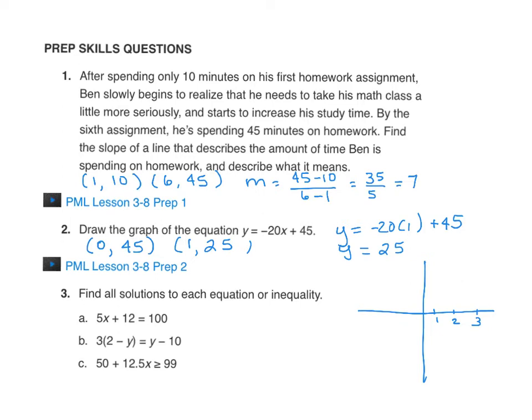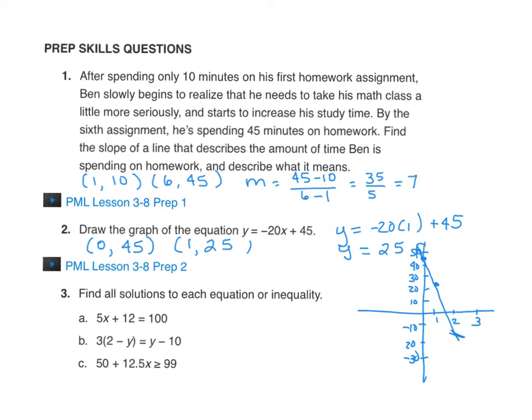And let's go up by 10, 20, 30, 40, 50, negative 10, negative 20, negative 30. Probably didn't need those negative numbers there, but that's okay. So my 2 points are 0, 45, and then 1, 25. It's just a sketch.